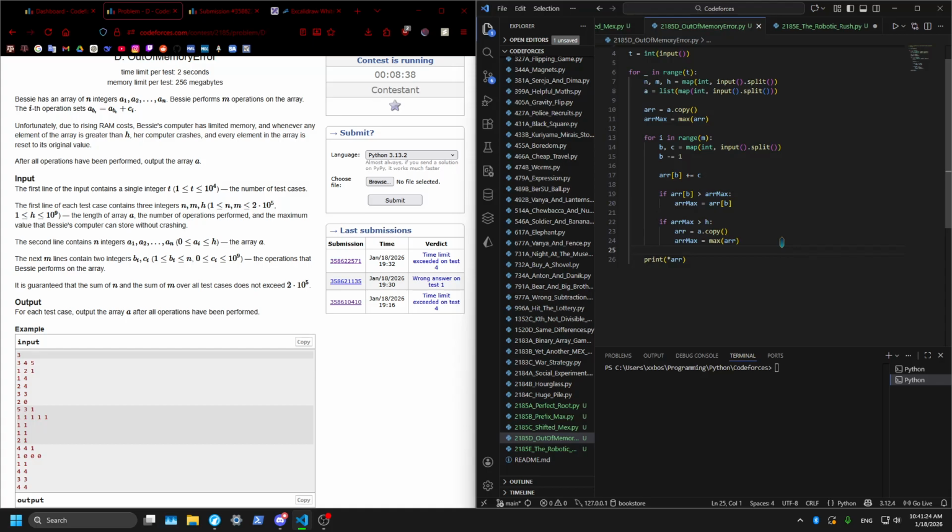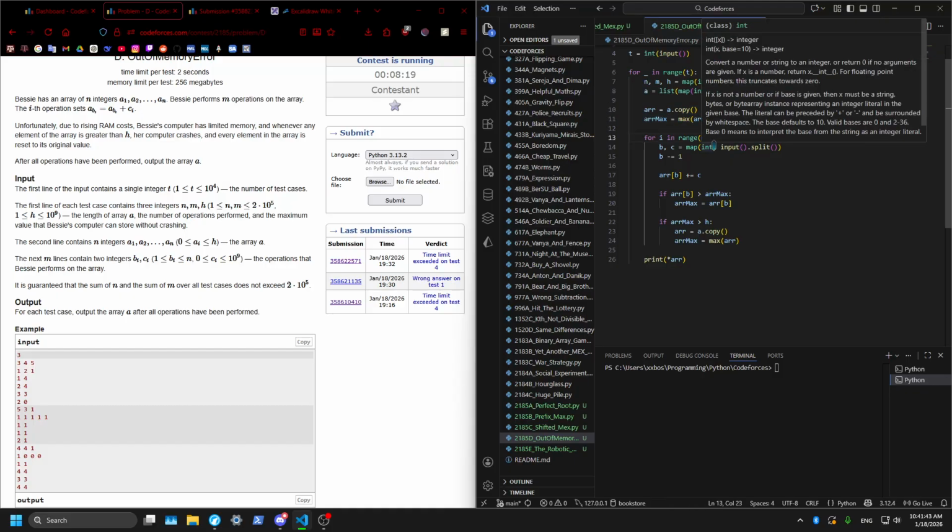Copy and max? But those are all O of N operations. So it should be O of N plus M best case, O of NM worst case. So it's hitting a worst case?